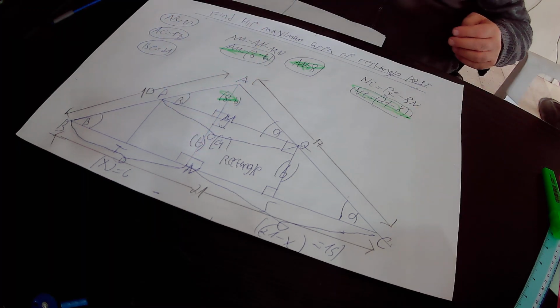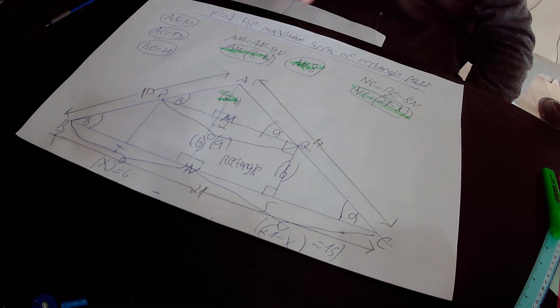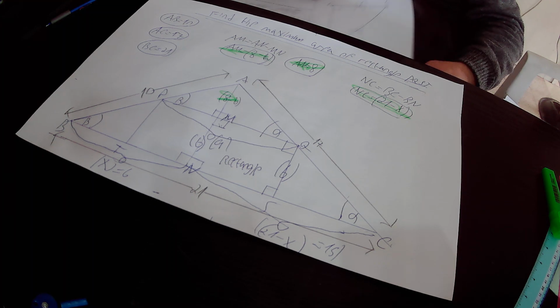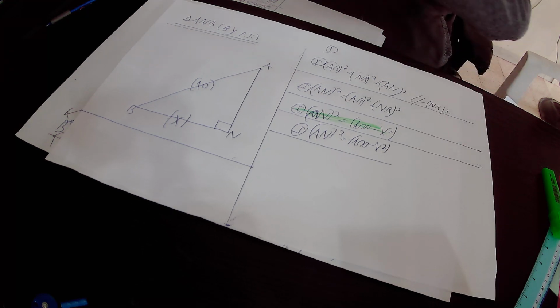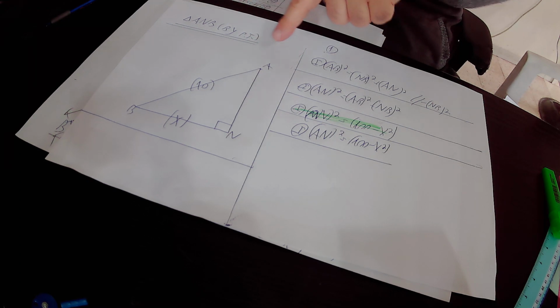In the next step, I copied this right triangle ABN in a new page. We implement the Pythagoras theorem on this right triangle ABN, which is the right triangle according to the original drawing. According to the Pythagoras theorem, AB squared equals BN squared plus AN squared.